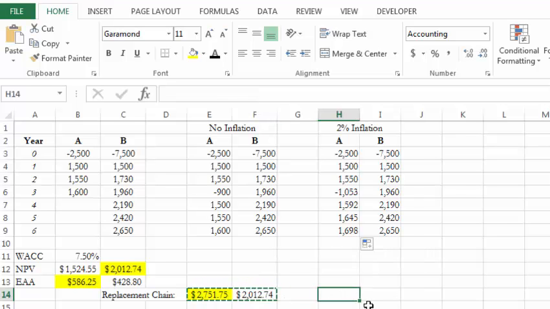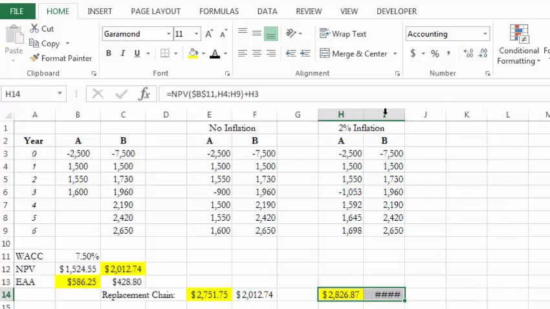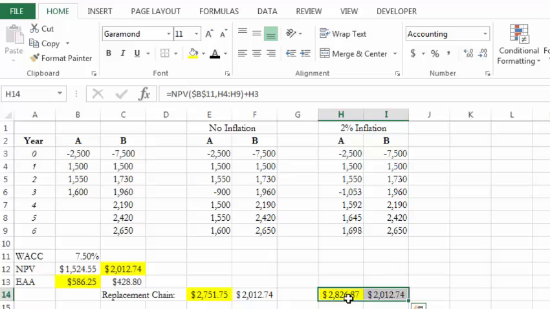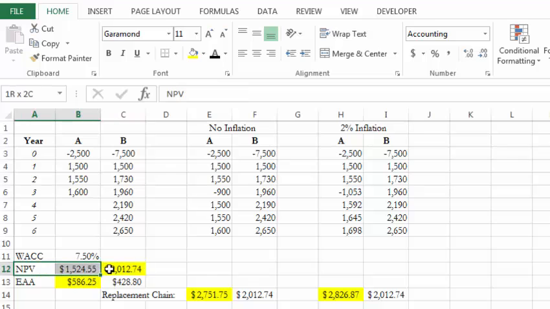I'm going to move it over here and hit enter, and we're hoping that the yellow is correct, and in fact it's even more correct here than it was here. So we're actually making even more money there. So had we just done NPV, we'd have made the wrong decision. In other words, we would have been wrong.